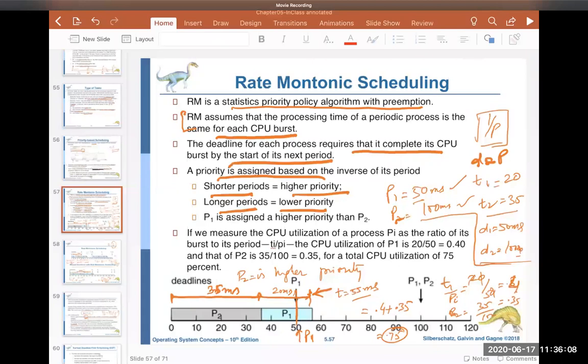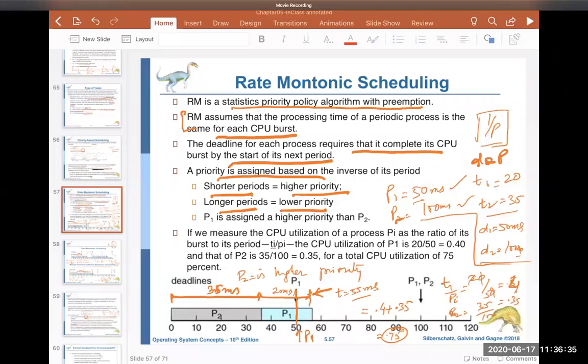As we discussed, aging means that for a low priority process that keeps on waiting, we increase its priority as time passes, so that it eventually gets its turn on the CPU. The ones we discussed here are rate monotonic scheduling and EDF scheduling.